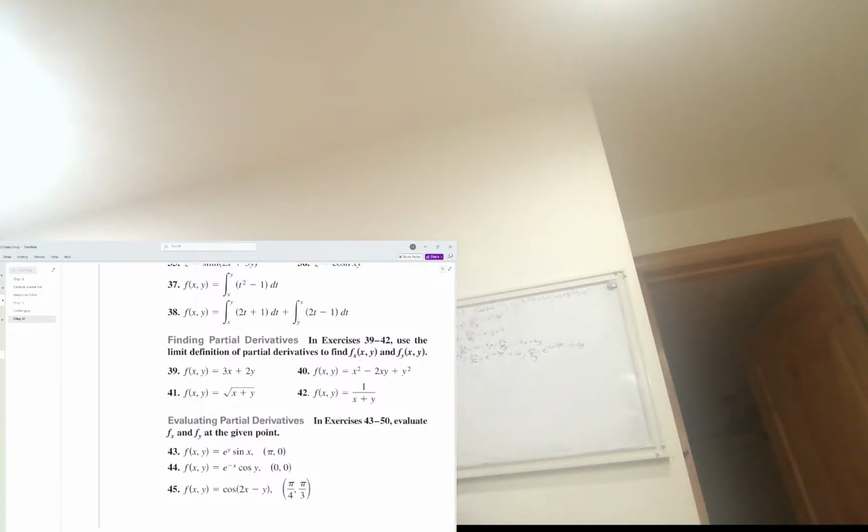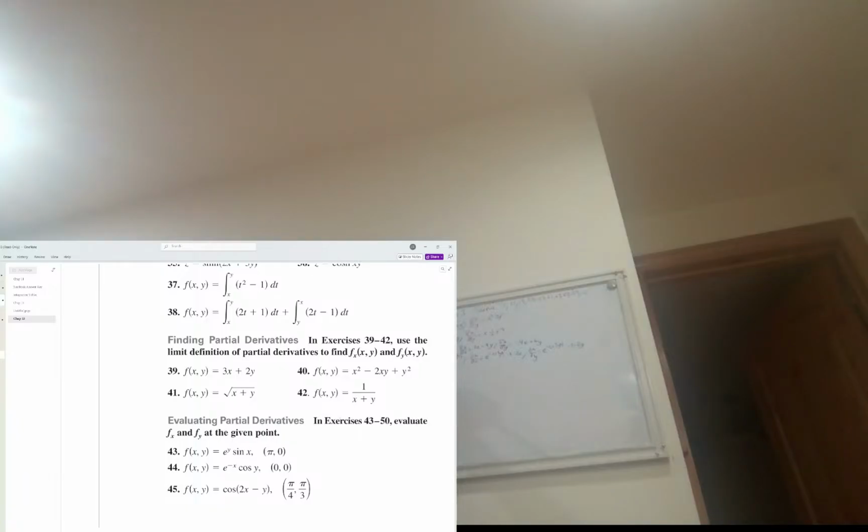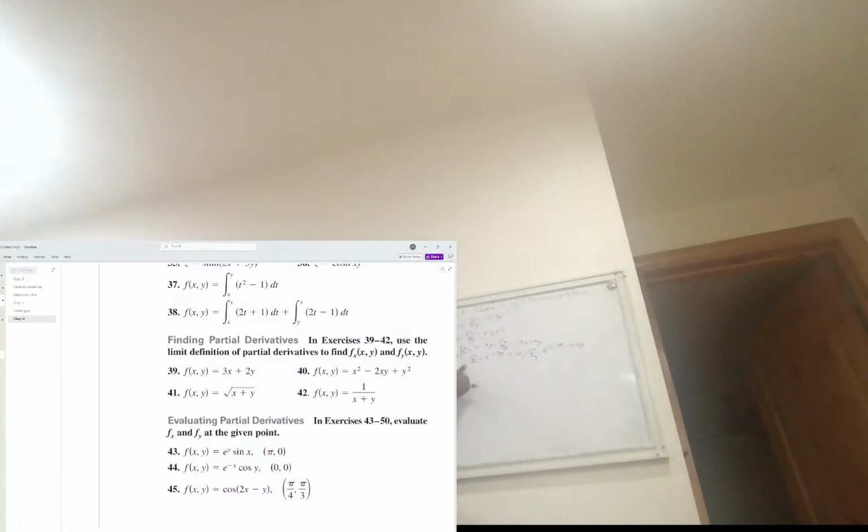It's just a function, so plug in x, y equals pi comma 0. So the x value is going to be pi. Cosine of pi is negative 1, so f sub x is just negative 1. e to the y is just going to be 1. Sine of pi is going to be 0, so f sub y is just 0. Okay, cool. 43 is done.